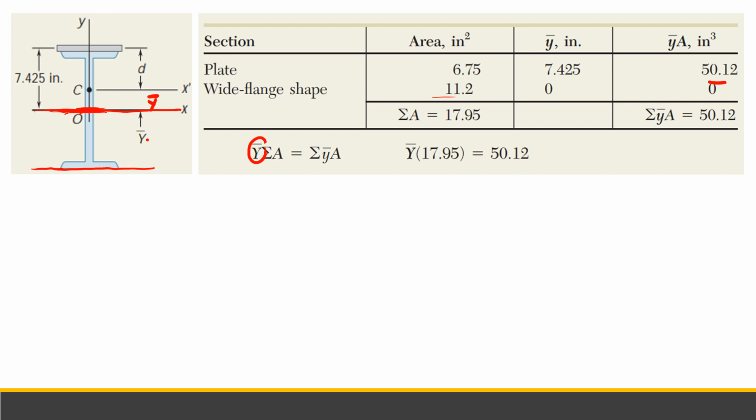So the summation of area is 17.95 and the summation of y bar a is 50.12. So we have y bar is equals to, this y bar for the composite area now, 2.795 with respect to this axis. So yan yung location ng y bar natin.